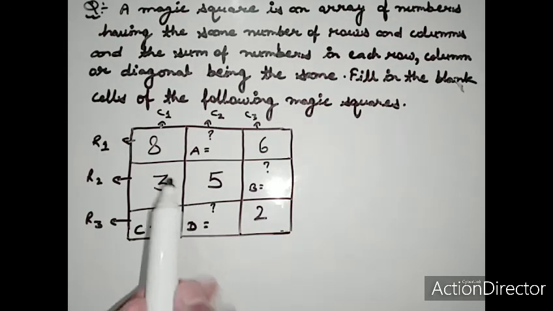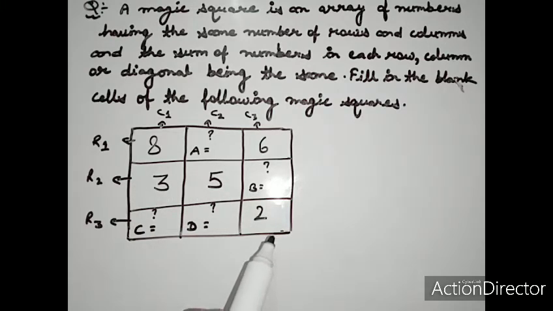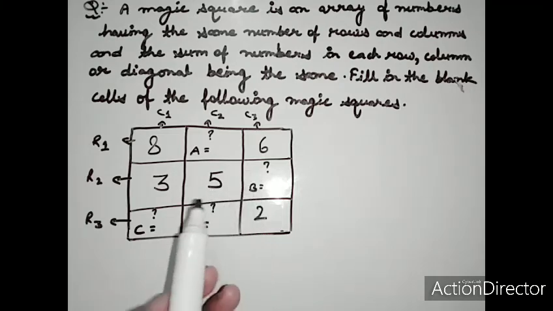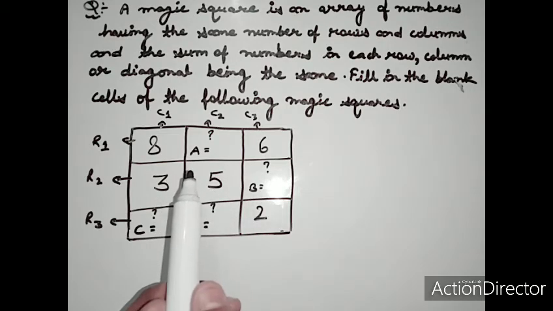So these three are rows and these three are columns. The number of rows and columns are the same, 3 and 3. So here we say that this square is 3 by 3.